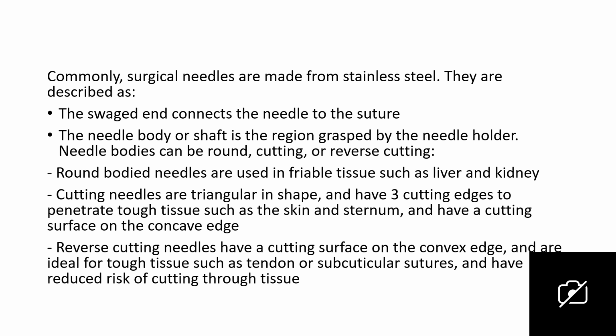Cutting needles are triangular in shape and have three cutting edges to penetrate tough tissues such as skin and sternum, and have a cutting surface on the concave side. Reverse cutting needles have cutting surfaces on the convex edge and are ideal for tough tissues such as tendon or subcuticular tissues, and have a reduced risk of cutting through tissue.